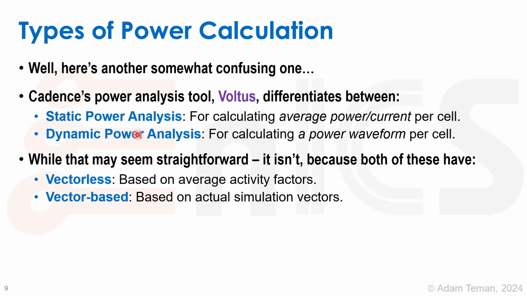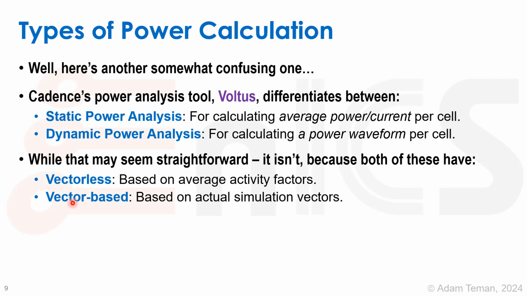So that seems straightforward, but it isn't, because both static and dynamic have what is called vectorless and vector-based. When we take a vectorless one, it means that we're using average activity factors. We're assuming that all of the inputs or all of the flip-flops are toggling at a certain activity factor, like say 20%, which is very inaccurate.